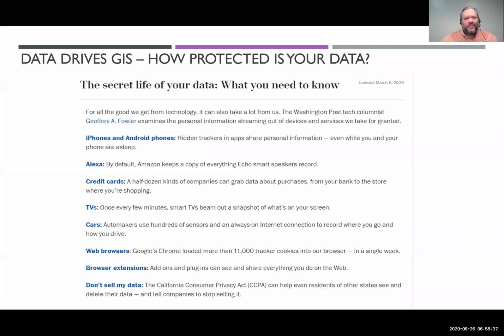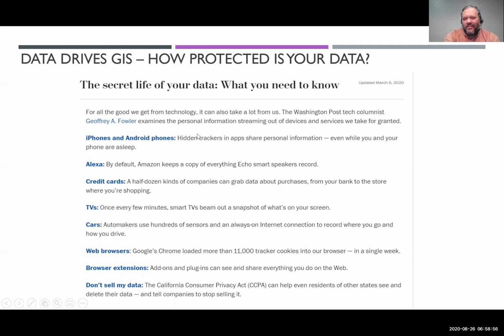She also talks at the end about how all of this stuff is driven by data. The more data, the better the model, but is your data protected? Can your data be used for things that you might not want it used for? So I pulled up this little thing, the secret life of your data, what you need to know.